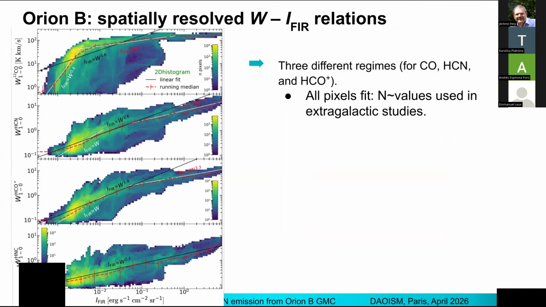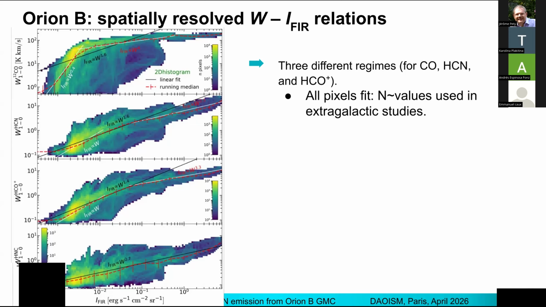And to finish, I would like to show you these plots that kind of resemble the Kennicutt-Schmidt law, but pixel by pixel. What we find is 3 different regions for CO, HCN, and HCO+. So the white and black and white fits here, 1, 2, and 3, and for HCO+ as well.